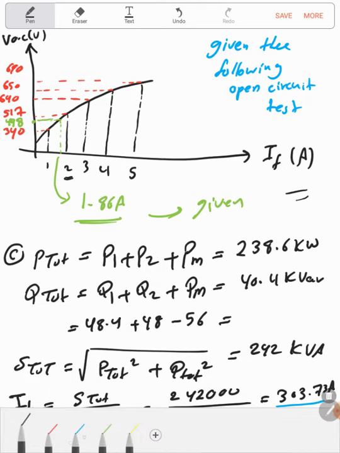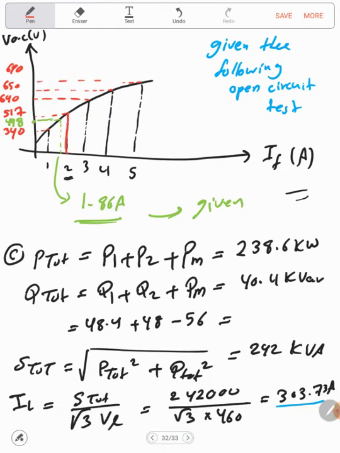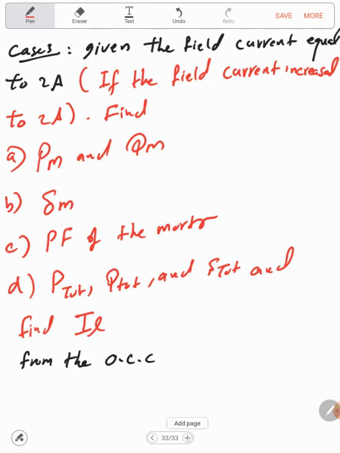So I will come here, I will take the voltage correspond for 2 ampere, which is the 517. So from the open circuit characteristic, if IF is equal 2 ampere, then EA is equal 517 volt.